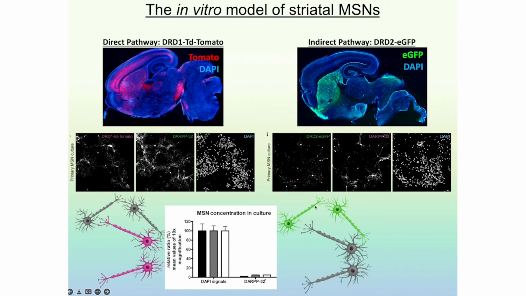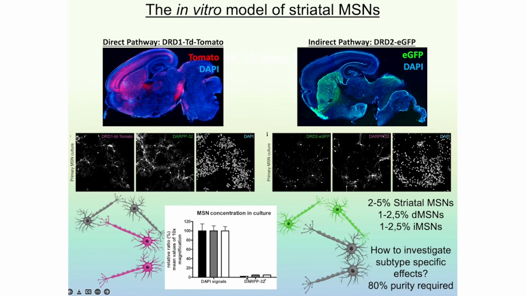And when we quantify the concentration of medium spiny neurons in those non-sorted cultures, we will end up between 2 and 5% DARPP-32 positive medium spiny neurons of both subtypes. This also means that the direct pathway represents only 1 to 2.5%, as well as the indirect pathway.